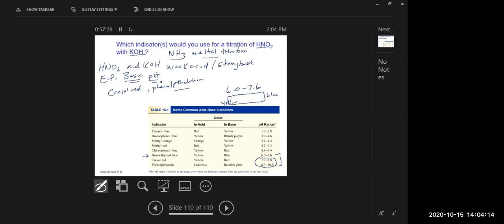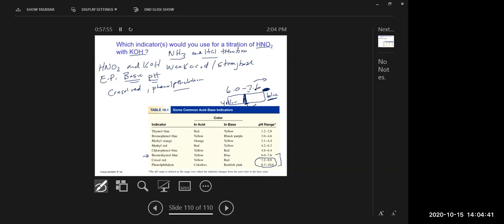And since our pH at the equivalence point is going to be basic, above 7, it's really not going to change color until around here, which means it's probably still going to be blue. When it would change color, perhaps, it would be back in this area. And at that point, you actually are not near your equivalence point, right? You probably are still a little bit far from the equivalence point.